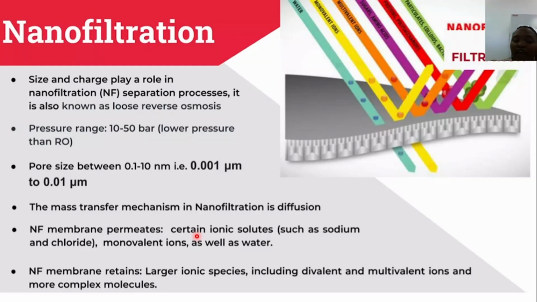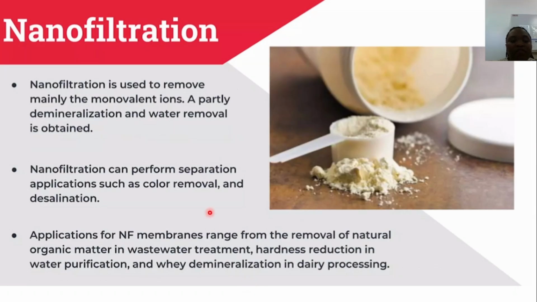This nanofiltration membrane will retain a little bit larger ionic species, including divalent and multivalent ions, and of course more complex molecules. So nanofiltration is used to remove mainly the monovalent ions, and partly demineralization and water removal is obtained.